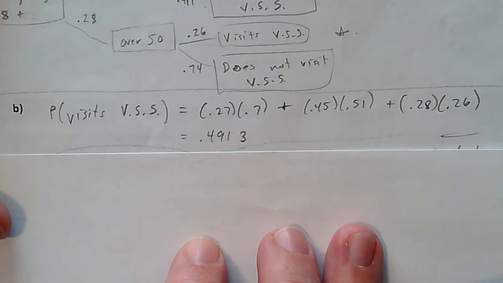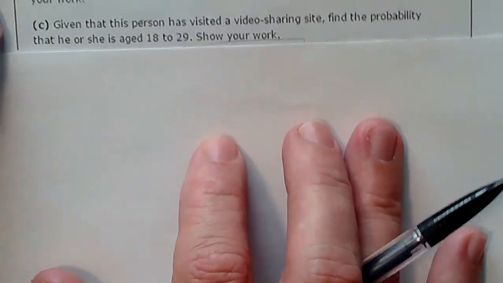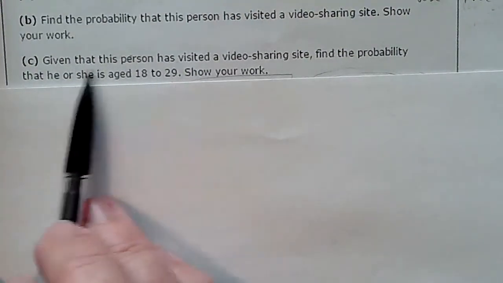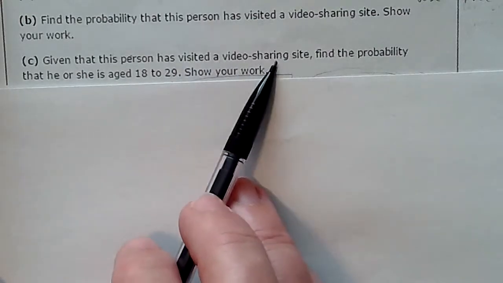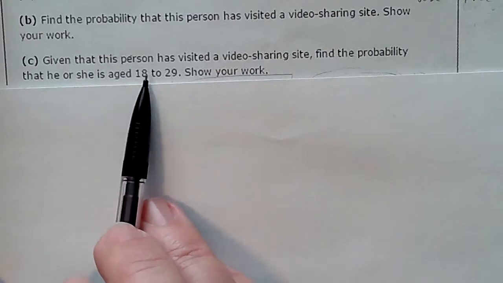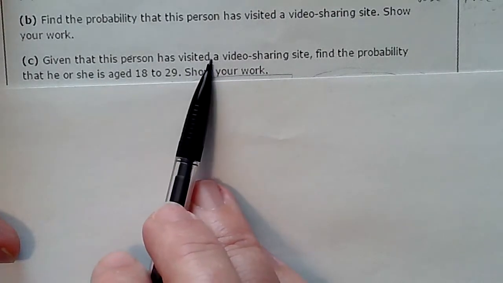Okay, again, I'm going to keep going. Part C. Given, this is a conditional probability, I can tell already: given that this person has visited a video sharing site, find the probability that he or she is aged 18 to 29. Remember, we just found the probability of them being on YouTube.